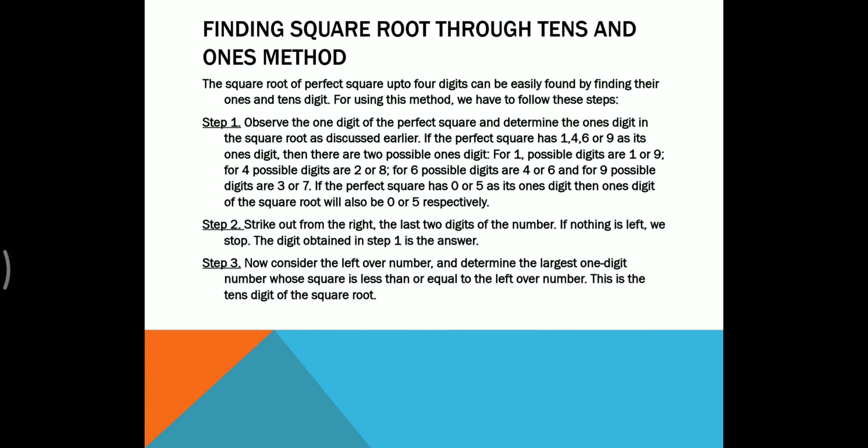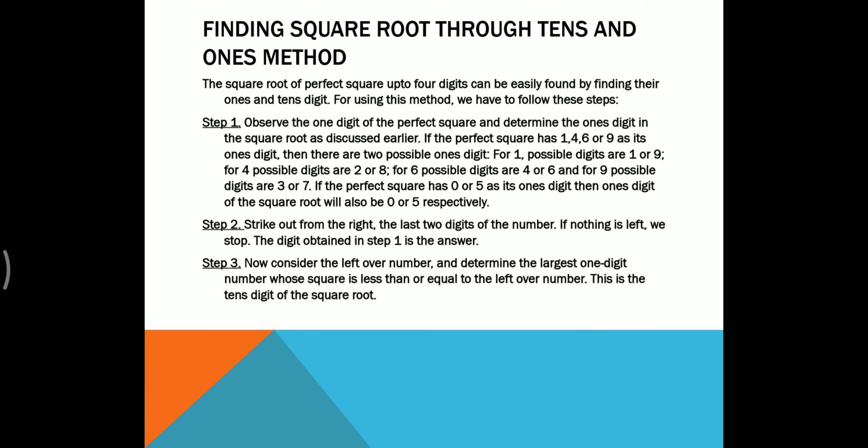What you have already read and what is known to you is, if the perfect square has 1, 4, 6 or 9 as its ones digit, then there are two possible ones digits for the square root. For example, for 1, possible digits are 1 and 9, which you have already done in the properties.